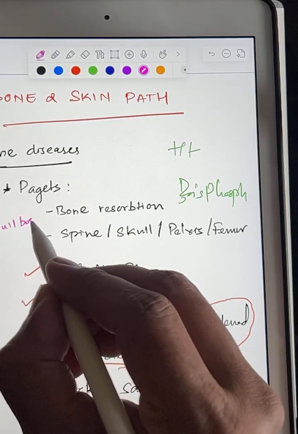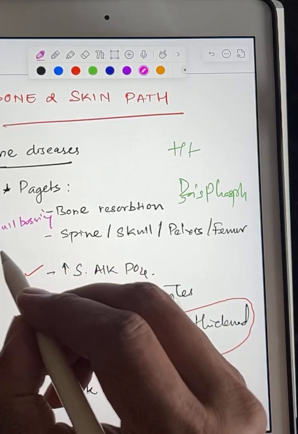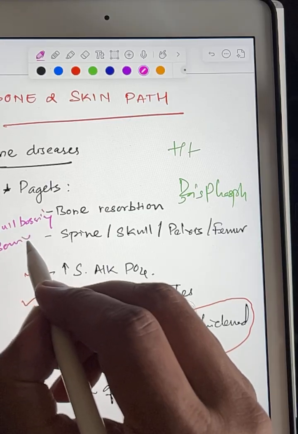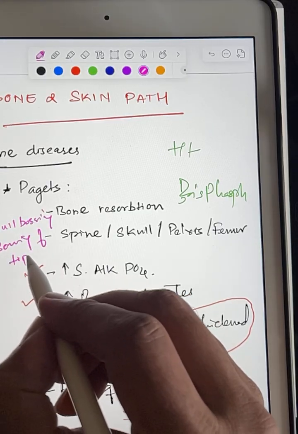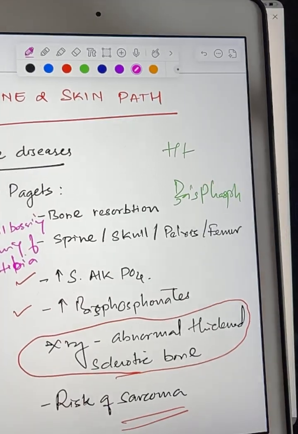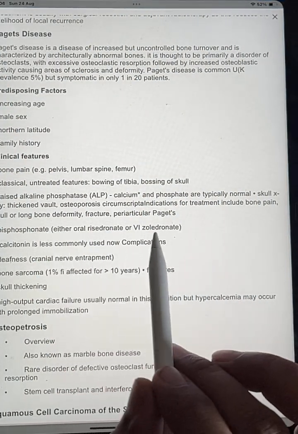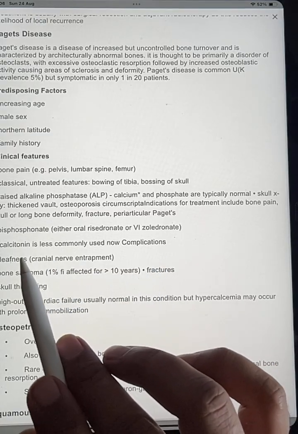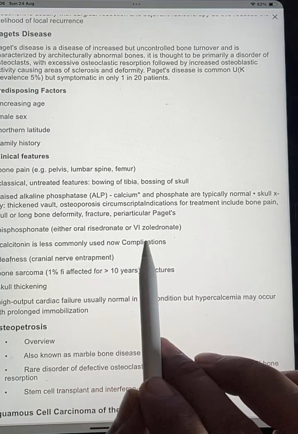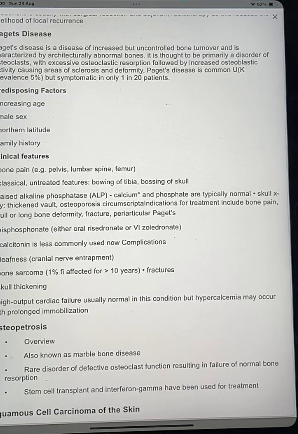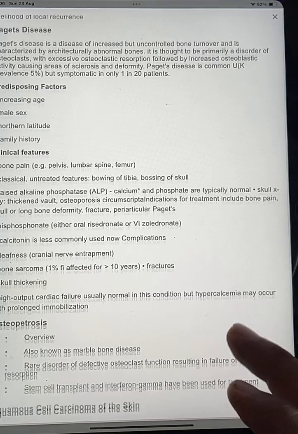Skull bossing, bowing of tibia. Treatment: bisphosphonate, calcitonin; oral calcitonin is less commonly used now. Complications: deafness, bone sarcoma.